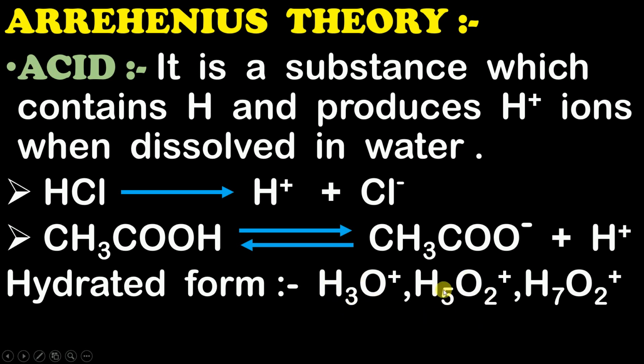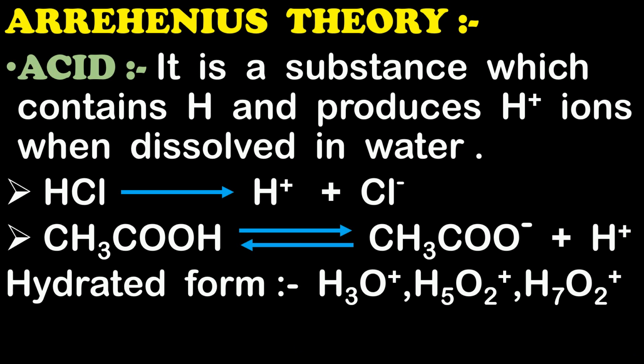Similarly, if you add another water molecule to this H5O2 plus, then you are going to get H7O3 plus. Okay, so these are just the hydrated forms of H plus ions. So H plus ions are not going to be present in water as H plus ions, but instead they will be present in the hydrated form.